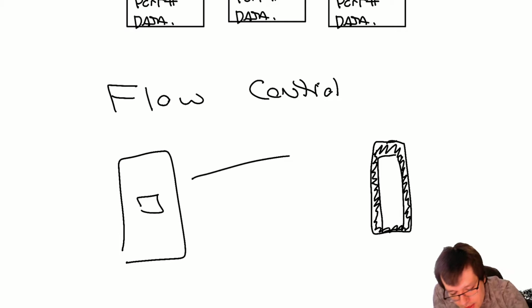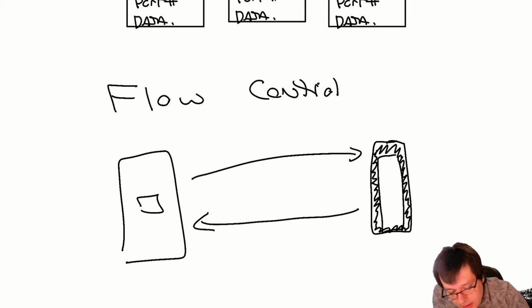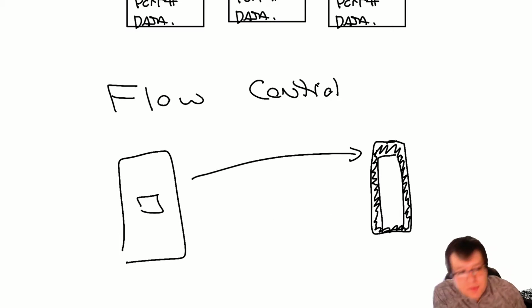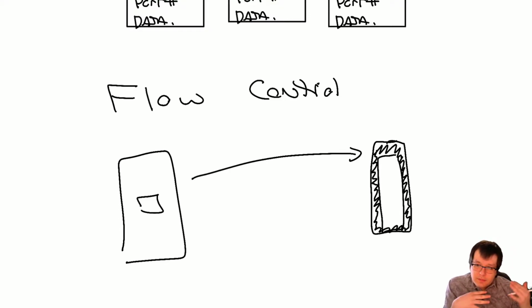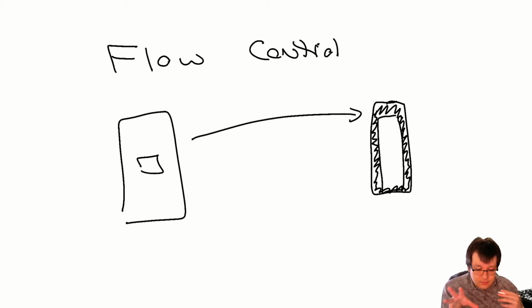Okay, so technically there's data flowing in this direction primarily, right? You're trying to send the movie to your phone, that you're streaming, or maybe you're transferring a file or something like that. But here's the thing: different machines have different bit rates, or rates that you can send information or receive it, right?